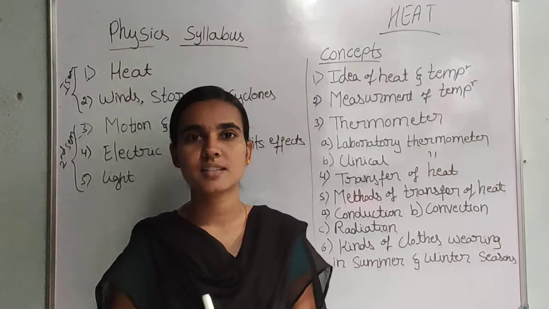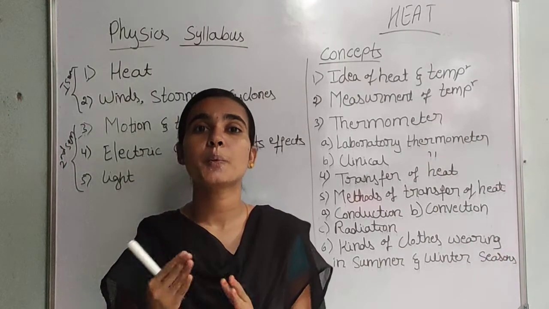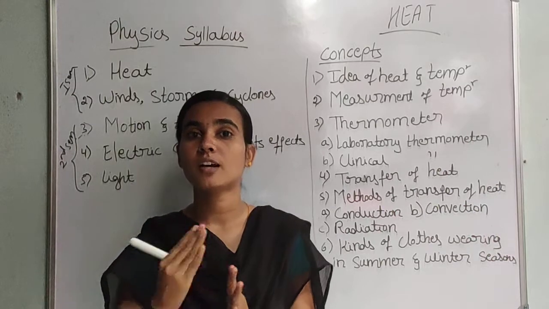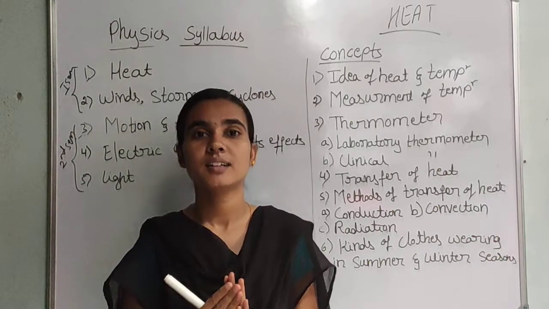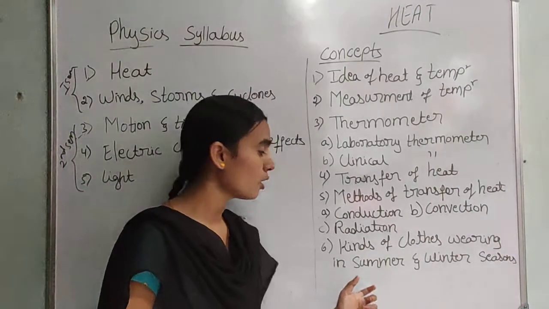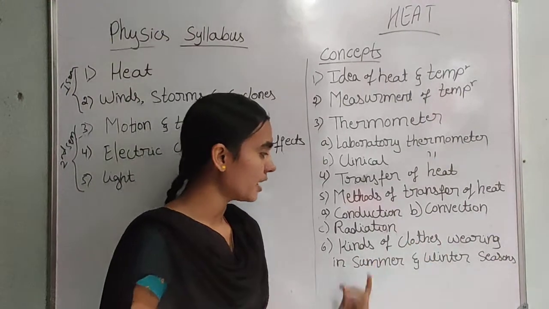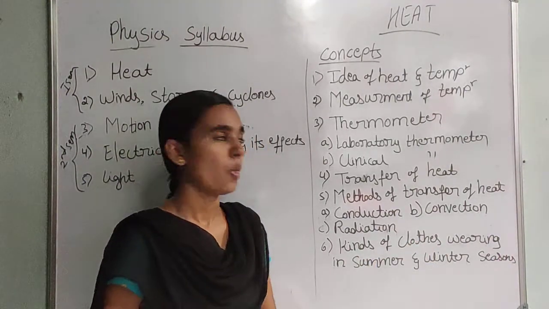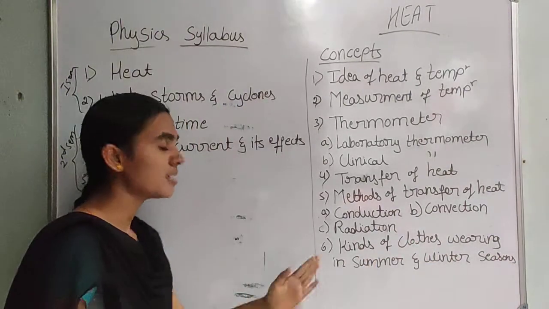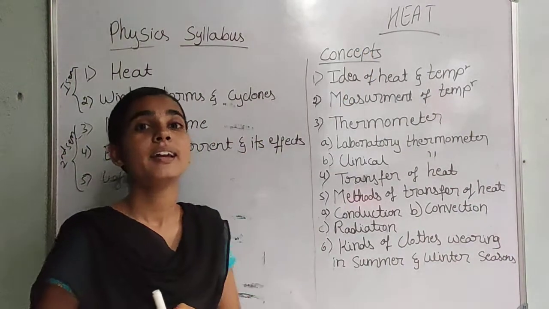According to the different seasons we wear different types of cloth. Why do we wear different types of cloth in different seasons? We will come to know that reason by studying the last concept, kinds of clothes worn in summer and winter seasons. So these are the 6 concepts present in the first chapter, Heat.